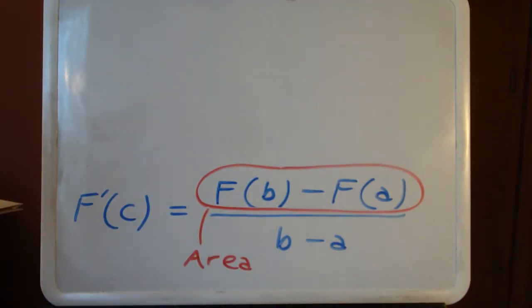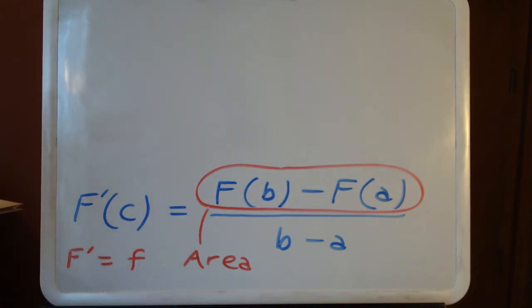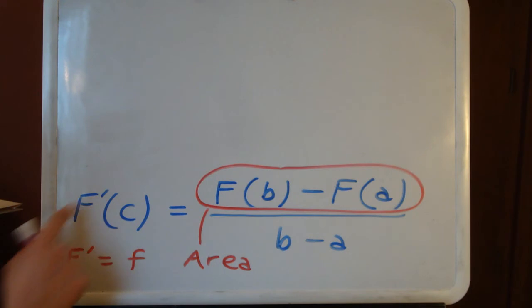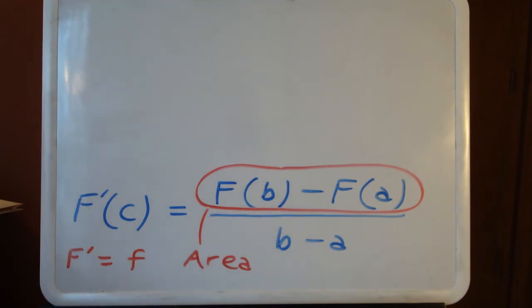And then some of the older things that we've talked about: if capital F is an antiderivative for little f, then the statement that we know from a while ago, capital F prime is the same as little f. So if we wanted to rewrite the mean value theorem in a different way, we could replace capital F prime with little f, and then in place of this, we could use the integral notation, right, the area underneath the curve.